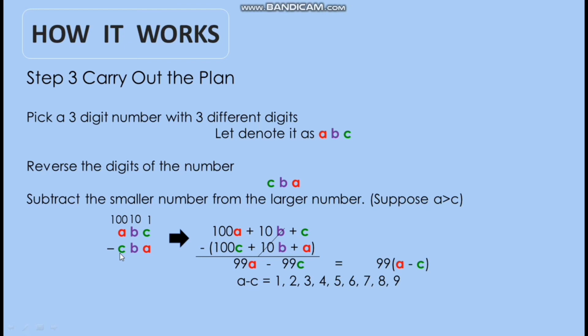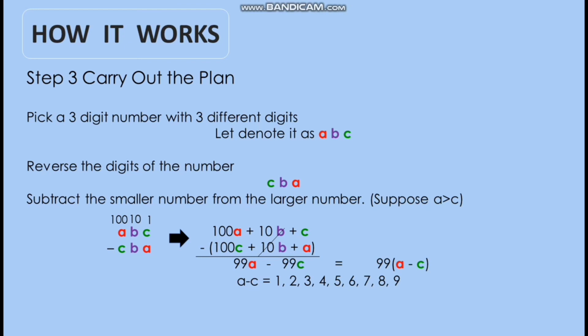So, pinakamataas na value na yon. And yung pinakamababang value naman is 1. Since, for instance, kapag yung A natin is 1, then yung C natin is 0. So, 1 minus 0 is 1. So, yan lang yung value ng ating A minus C.